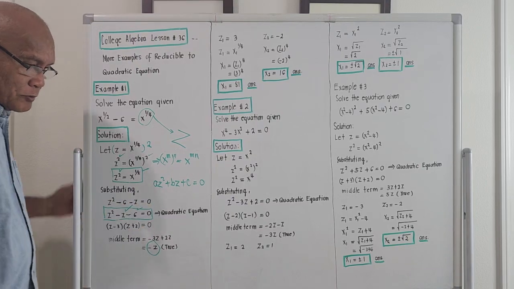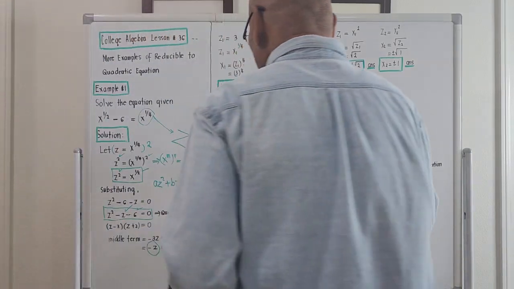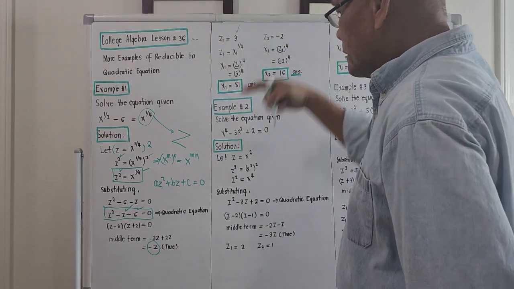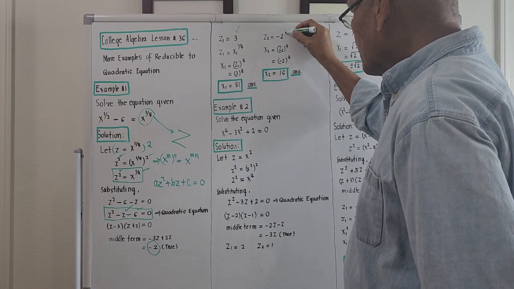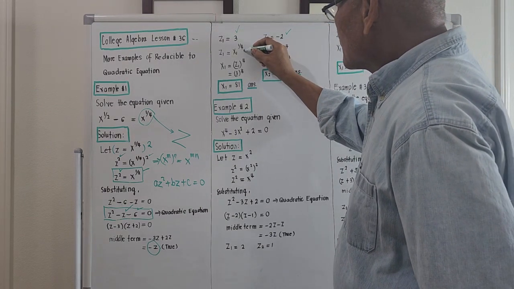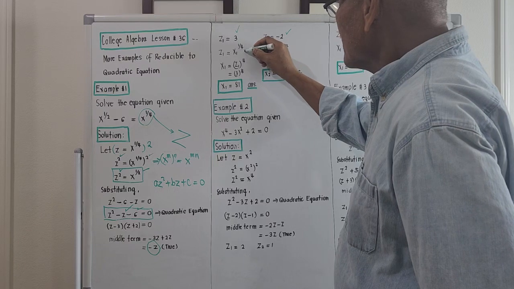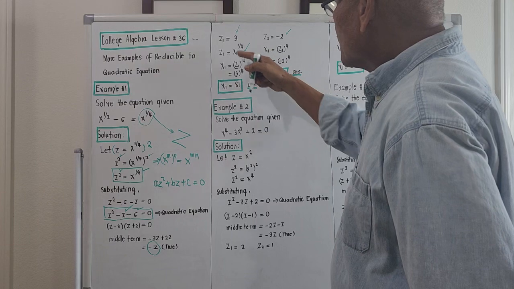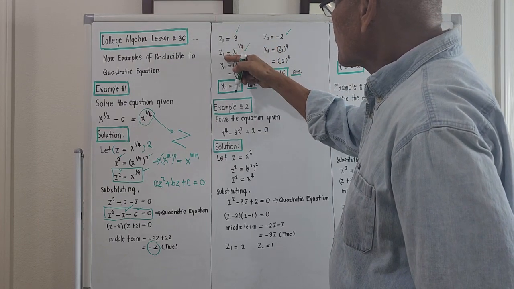So equating each factor to 0, z1 will be equal to positive 3, and z2 will be equal to negative 2. From the substitution or representation, z is equal to x to the 1/4. If we are computing for z1, we put the subscript 1.